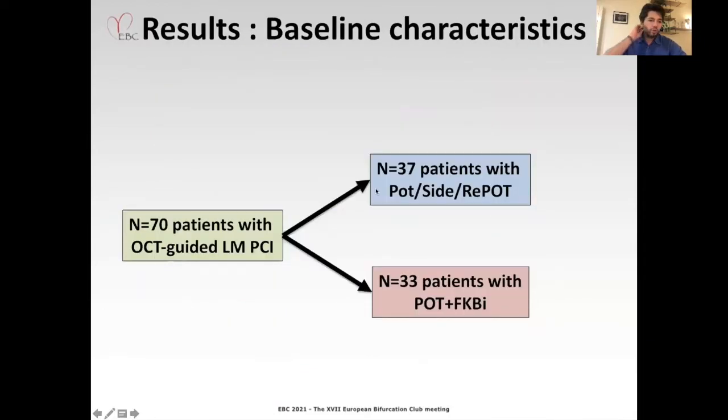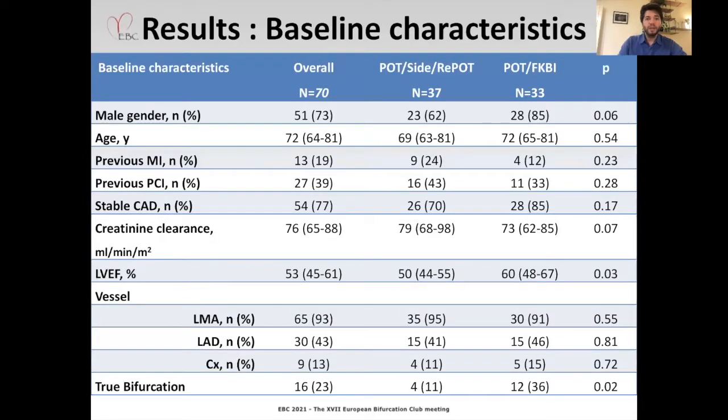There were a total of 70 patients included in Lemon. 37 of them underwent the POT side RePOT sequence, whereas 33 got the POT final kissing balloon inflation sequence. The baseline characteristics of these patients are presented here.